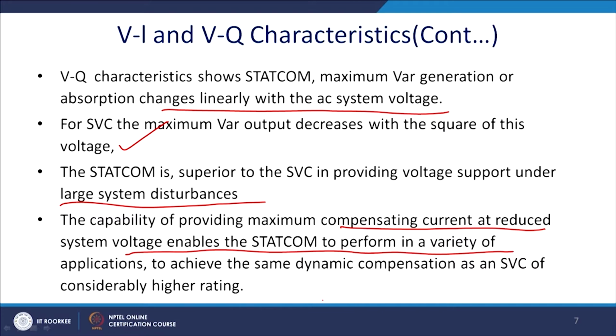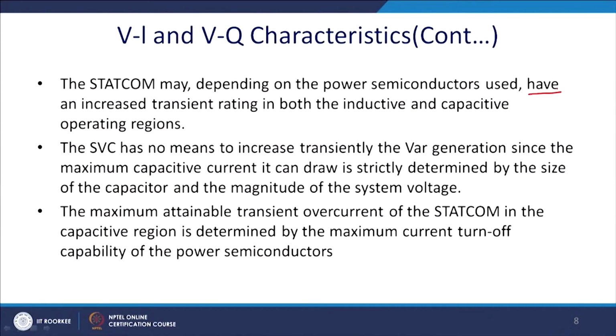So, here in this case also STATCOM is superior in compensating more reactive power. Now, what else? STATCOM may, depending on the power semiconductor used, have increased transient rating in both the inductive and the capacitive region, because depending on the rating you have limitations on the switches.